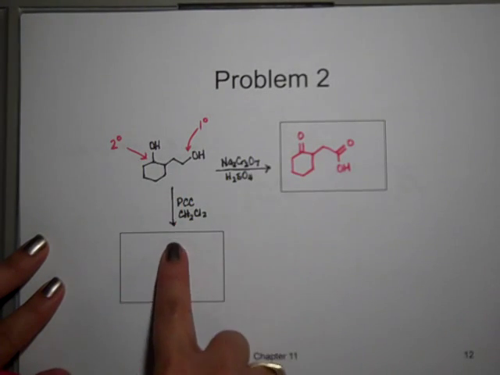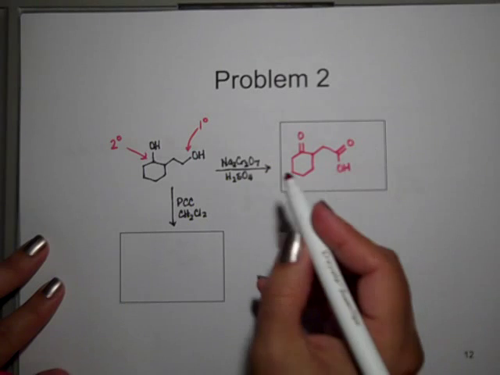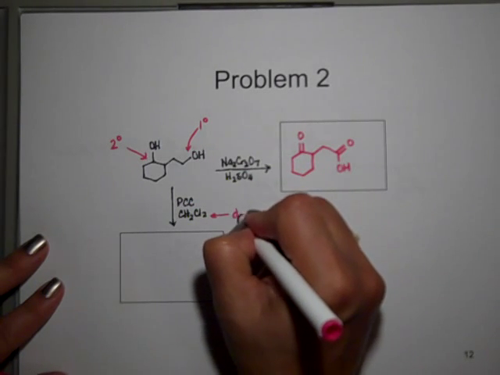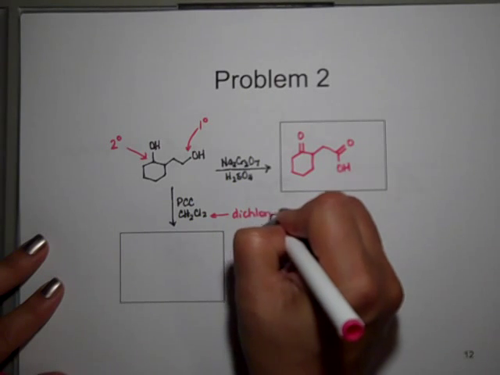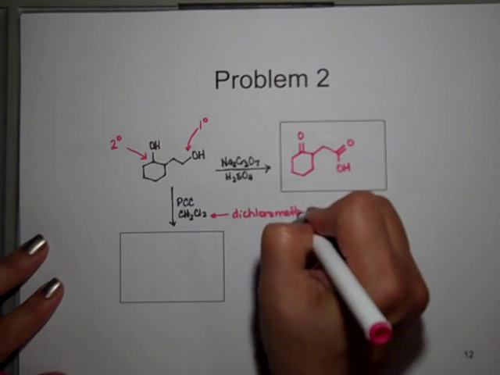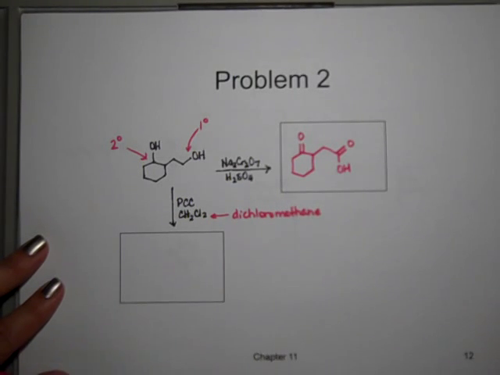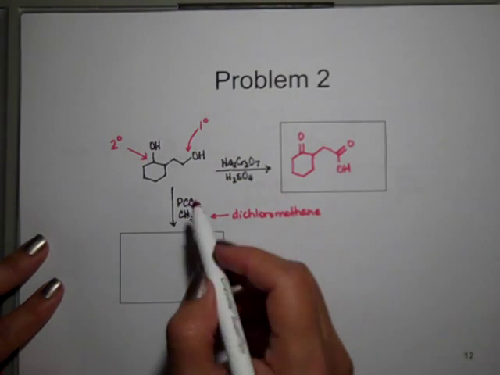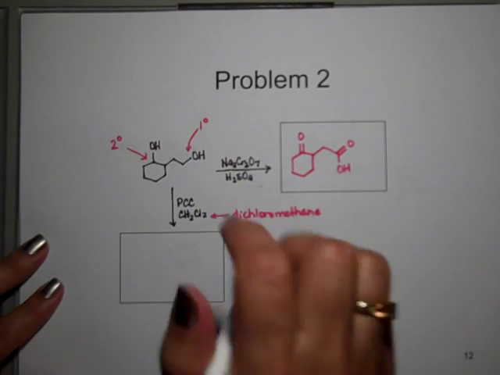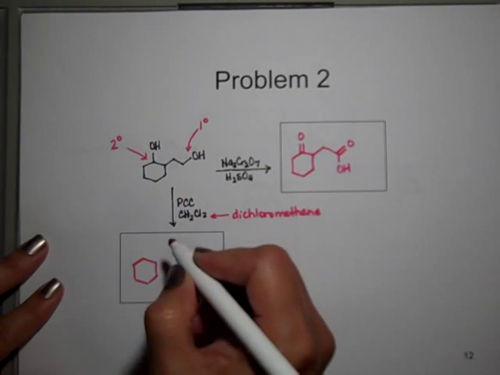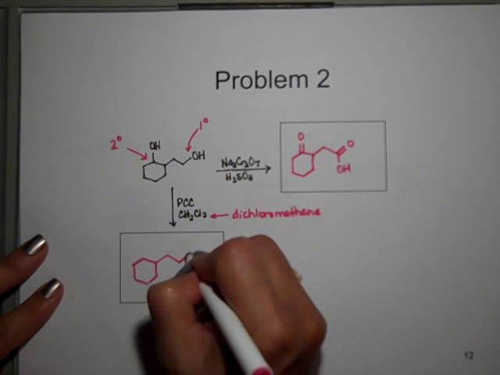Now, if you notice down here, I have PCC. This is dichloromethane or methylene chloride, and it's a good solvent for doing the PCC reaction. So you take PCC and the primary will go to what? It will go to the aldehyde.